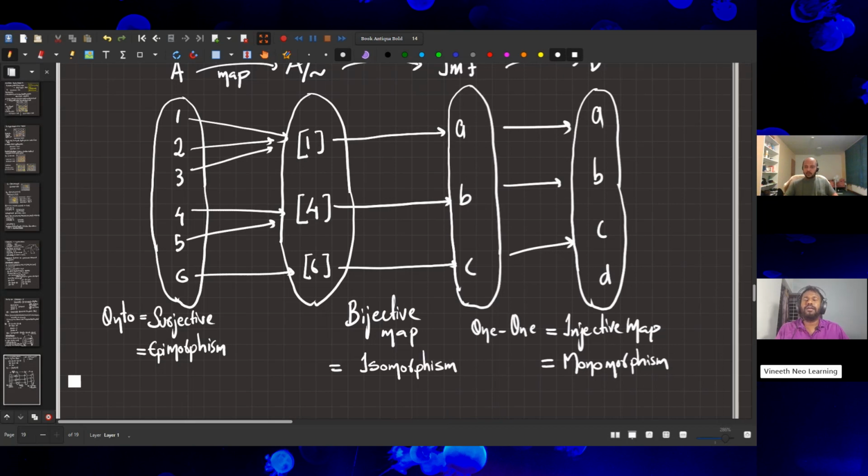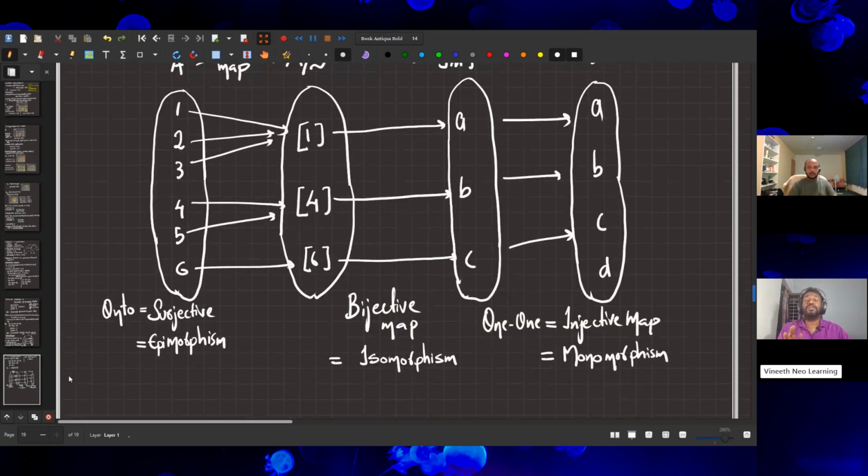I usually only talk like injective or surjective. It's confusing, but this is surjective, this is injective, and the center map is bijective. A bijective map is also known as isomorphism.